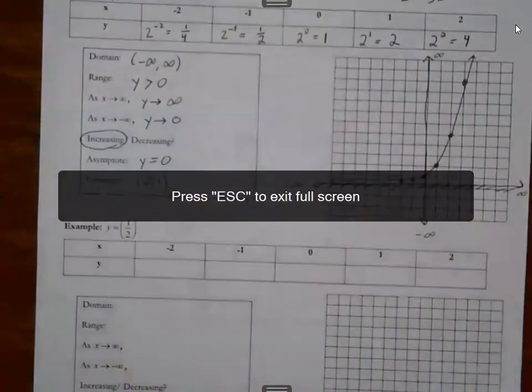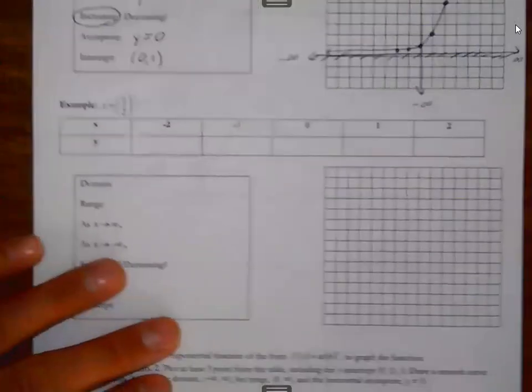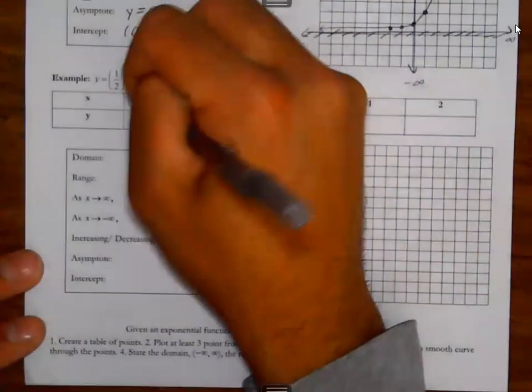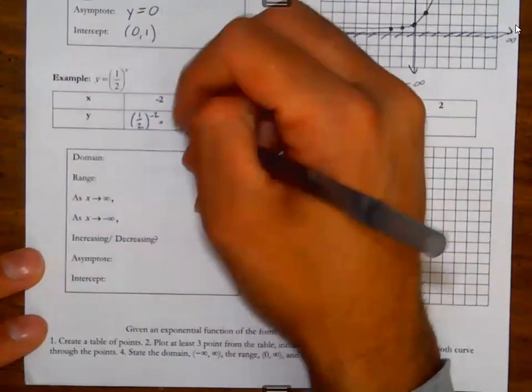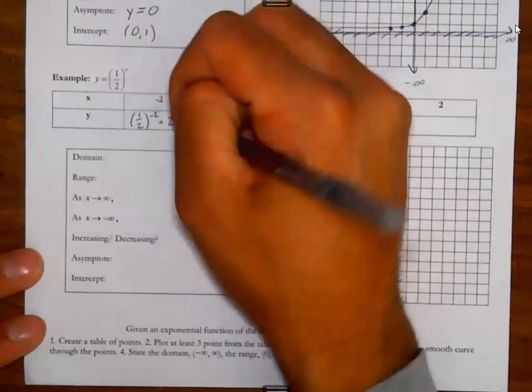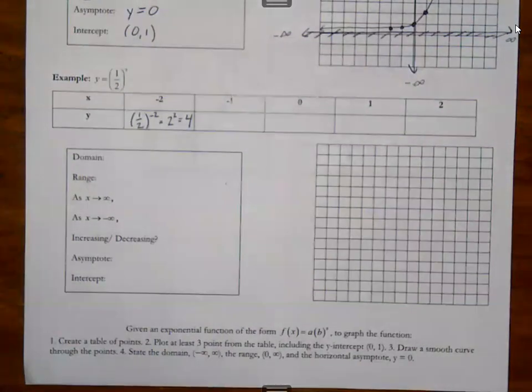All right, so if x is -2, now we'll have 1/2 to the -2 power, which is the same thing as, you can apply the negative first and make that 2 squared. And that's just 4. With exponents, you can apply one part at a time. -2 is just -1 times 2.